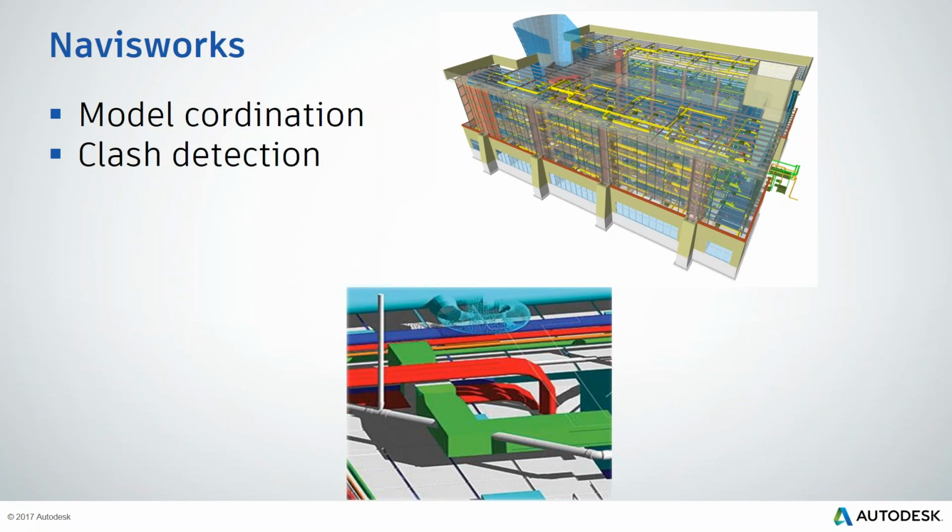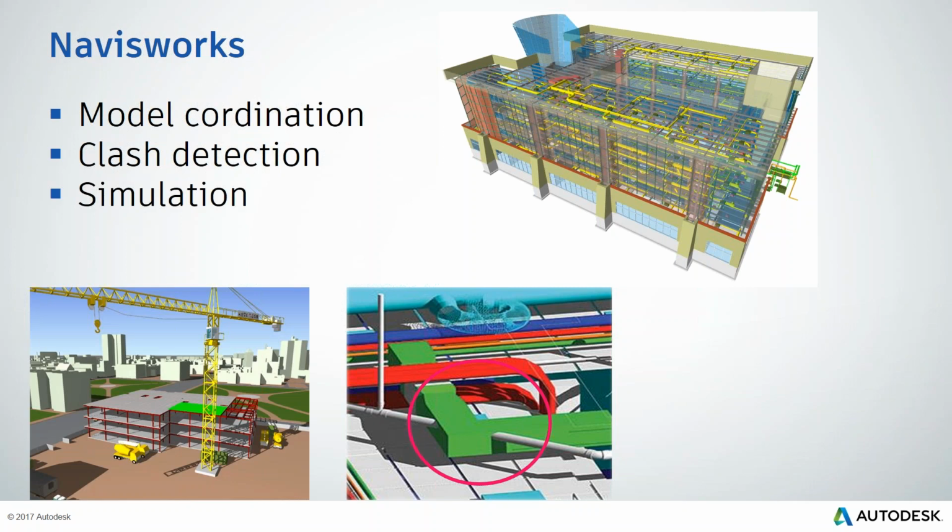And he can do clash detection. If different people are in different locations, maybe they didn't communicate properly, so he looks for the clashes, and before the construction starts he can detect them, and obviously this is big savings at the end.